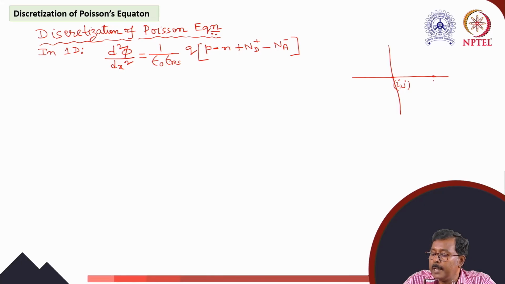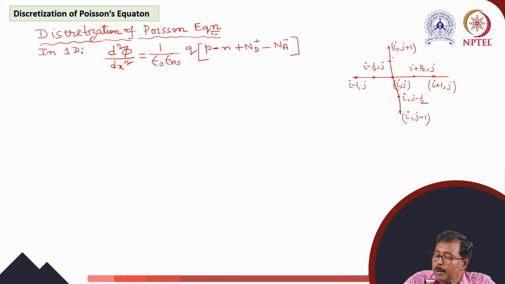Next point at a distance delta x, that is I plus 1 comma j, this is I j plus 1, this is I j minus 1, this is I minus 1 j, half point, I minus half j, I plus half comma j, and similarly here I j minus half, I j plus half.